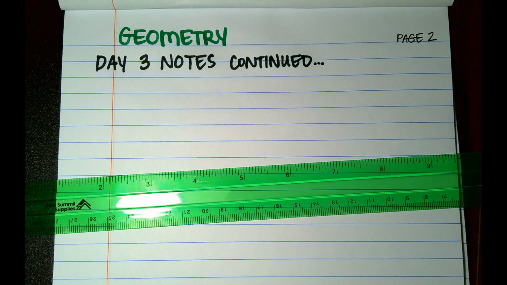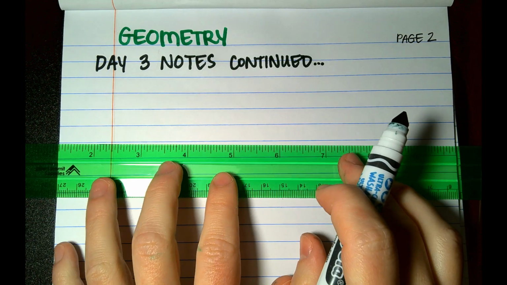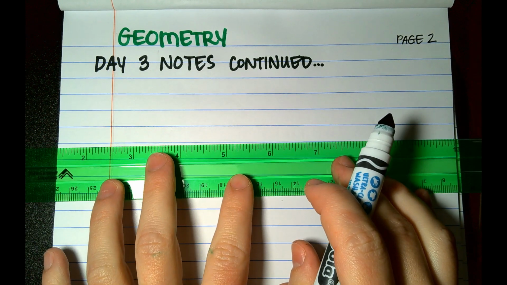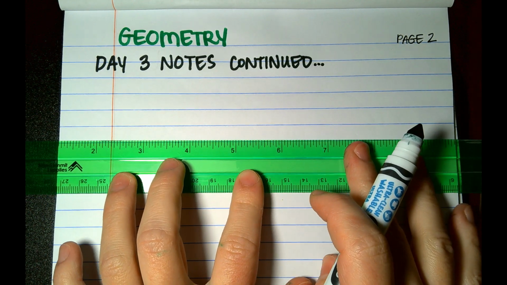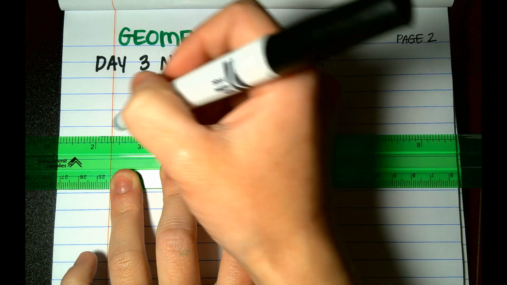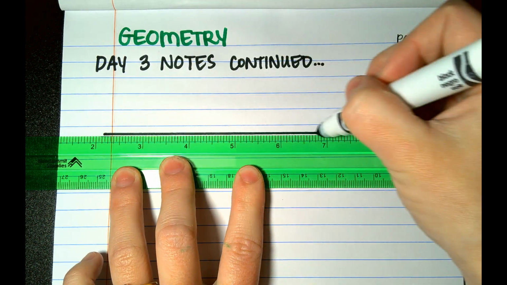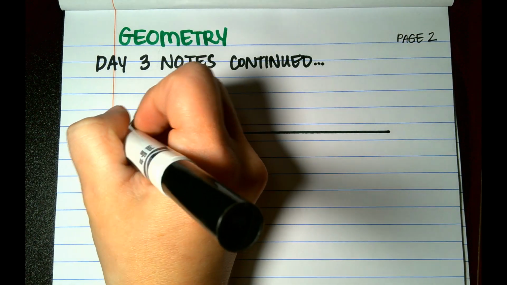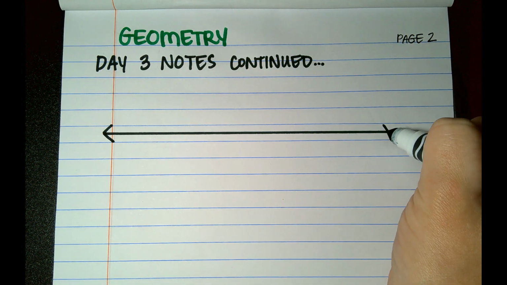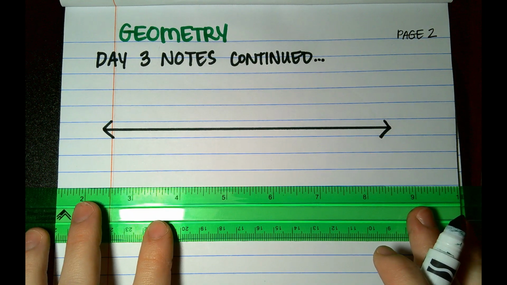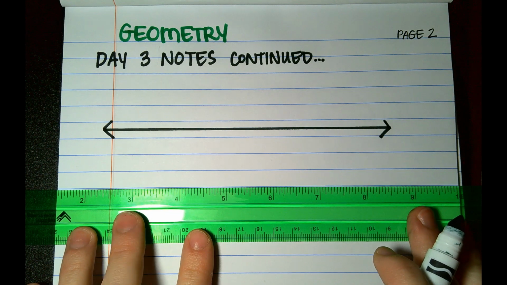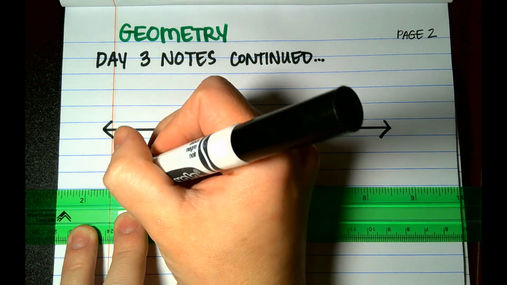I'm gonna give us some space so that we can label things. So I'm going a little bit down the page for my first line. I'm gonna leave some space in between to draw the line that will be parallel to this one.